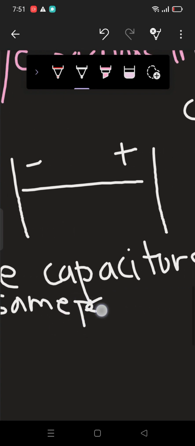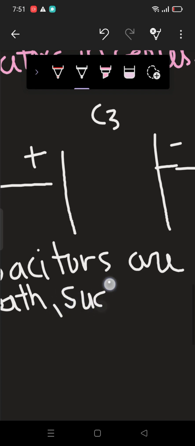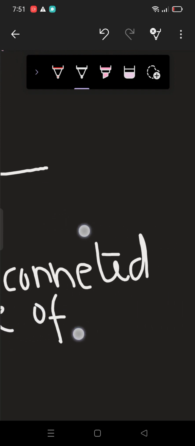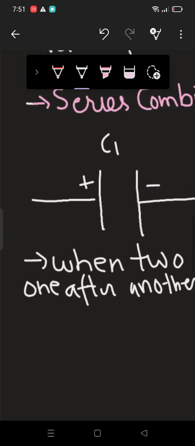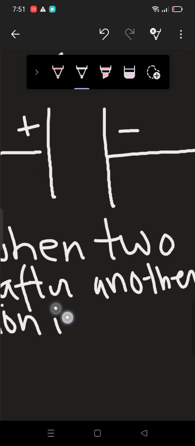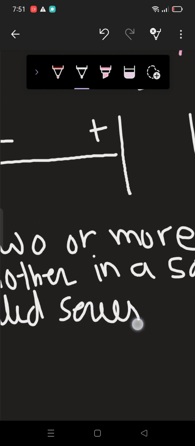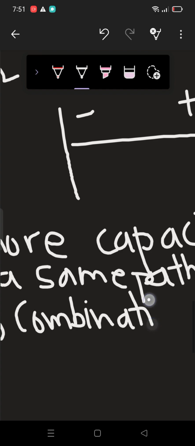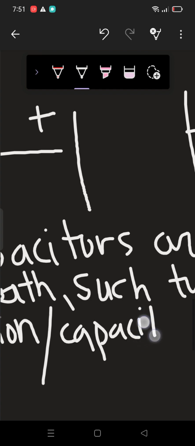Such type of combination is called series combination or capacitors in series.